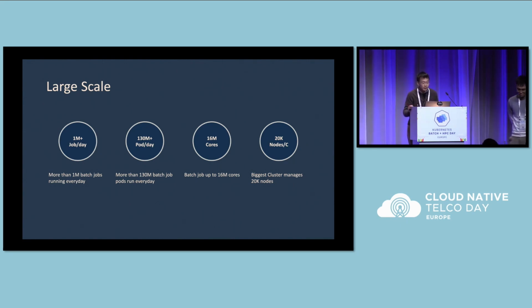Currently, our batch jobs consume up to 16 million CPU cores, and our biggest cluster manages more than 20,000 nodes, since we do not want to manage small clusters, to reduce resource fragmentation. Most of our clusters are more than 5,000 nodes.